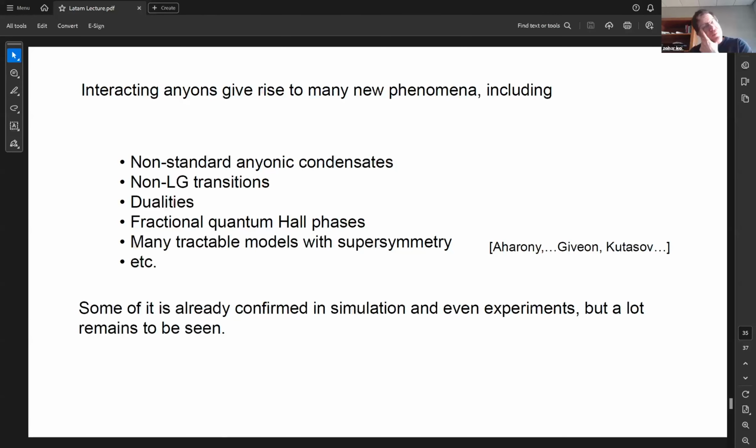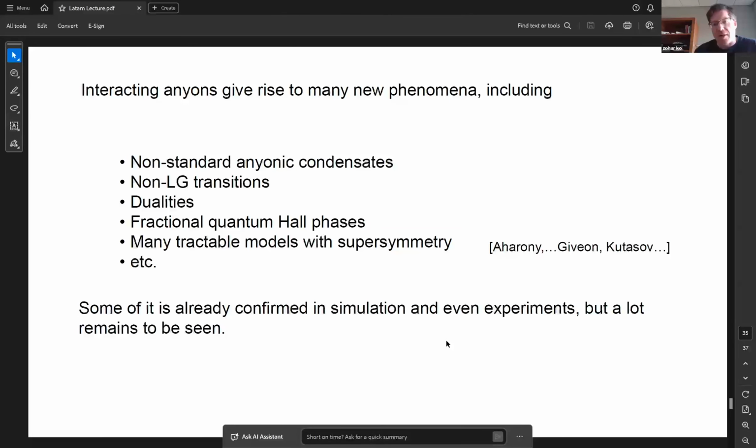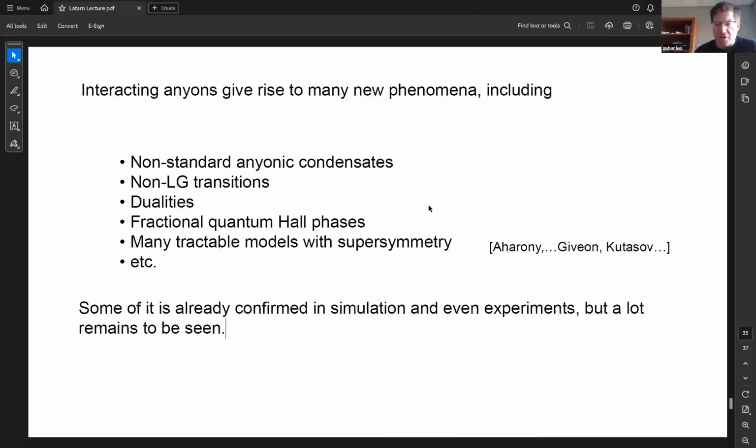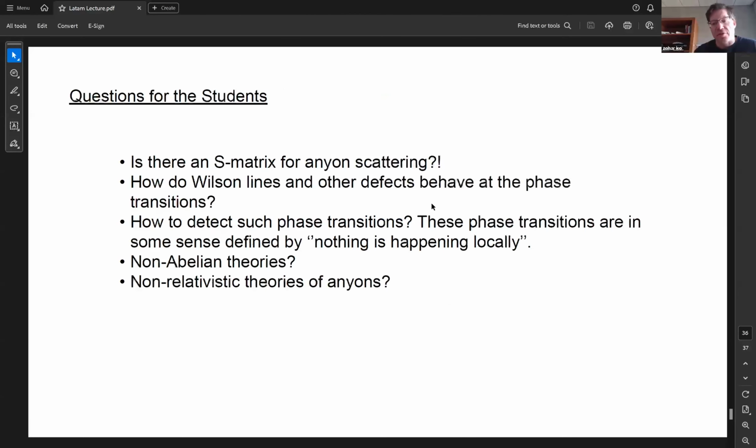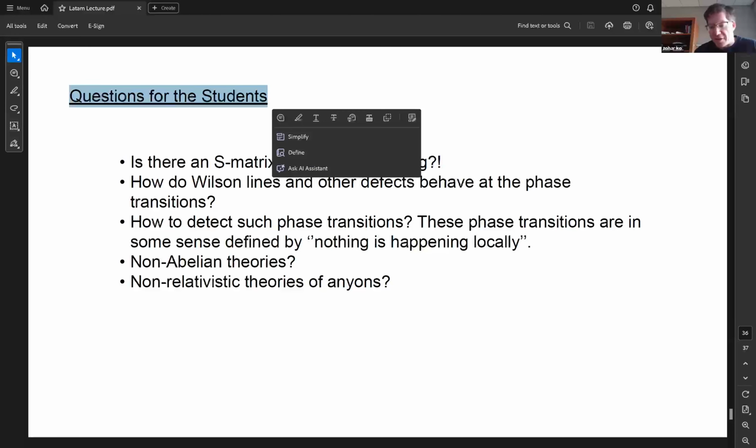They have a significant amount of work, and also Minwalla on the connections with holography. So some of these conjectures about anyons are confirmed in simulations and even experiments, but most of it is open and unknown. And I just wanted to also finish with some questions for the students, the young generation.